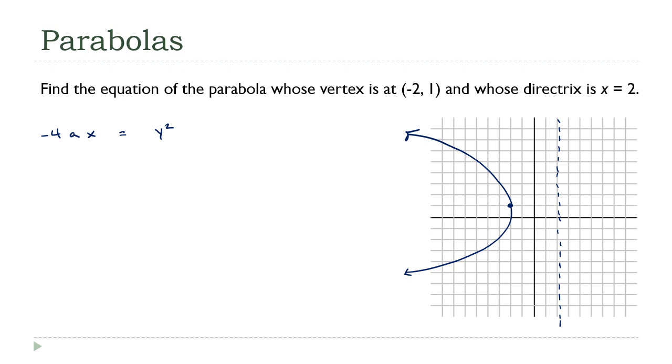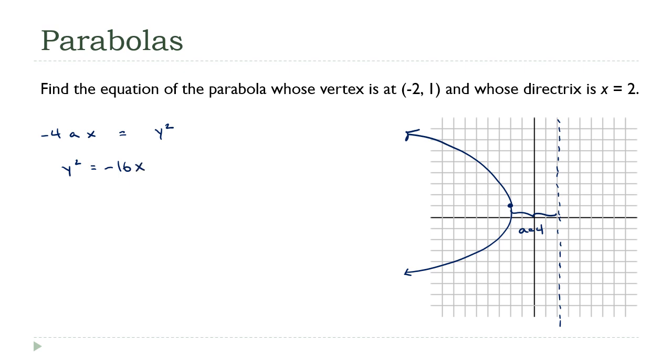All right, now what is a? a is the distance from the vertex to the directrix. That's 4, which remember is the same as the distance from the vertex to the focus, right? So whichever one you've got, that's fine. That's the one we can use. So my equation is looking like y squared equals -4 times 4. That's -16x.